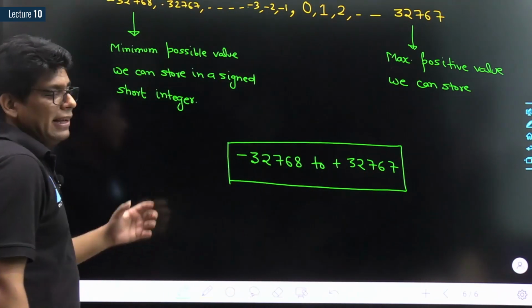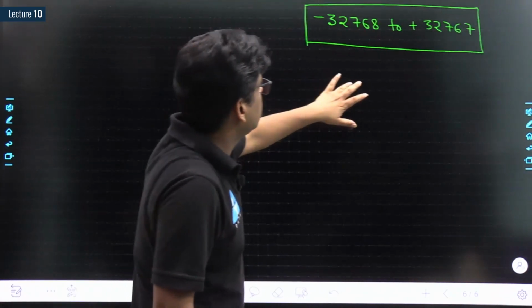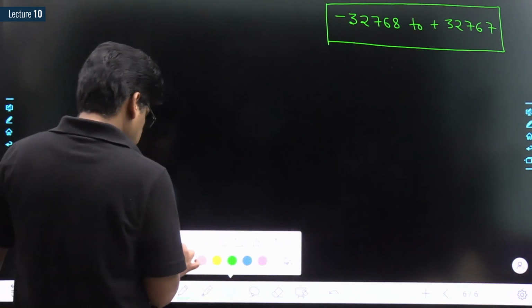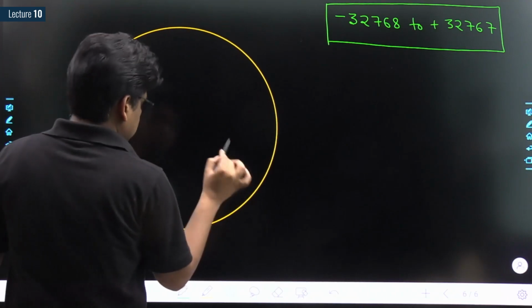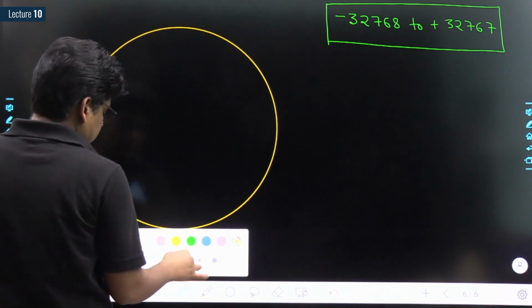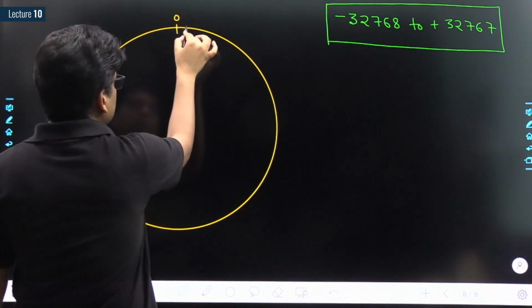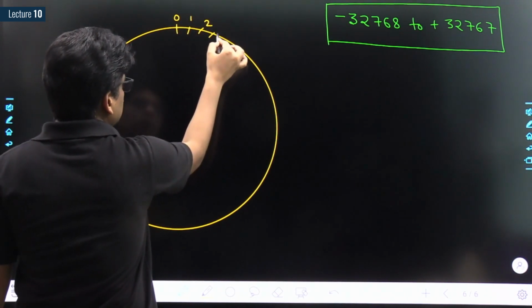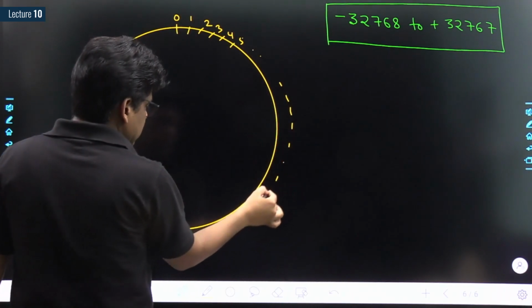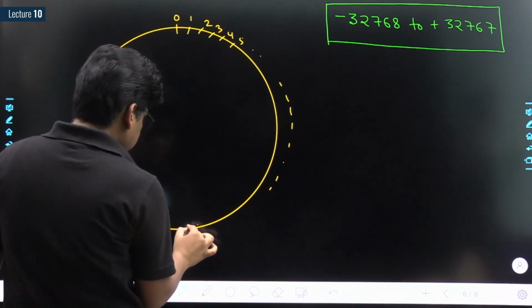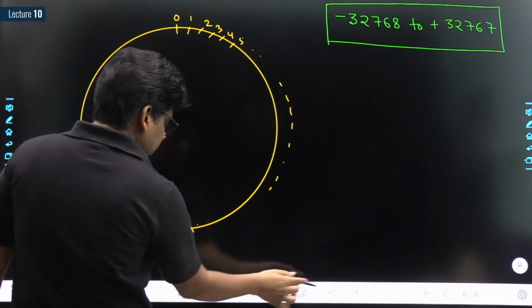Let's talk about the cyclic property of signed short integer. Again the same circle is there. We started from 0, then 1, 2, 3, 4, and so on, 5, 6, 7, 8. Somewhere in memory we must have 32767.